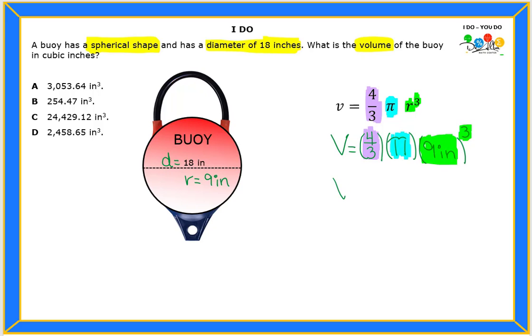You can input all that in the calculator exactly as it is. In parentheses is better because that way you don't have to worry about writing the times or anything like that. So just remember that 9 inches to the third power basically means, and I'm going to write it out for you, 9 inches times 9 inches times 9 inches.